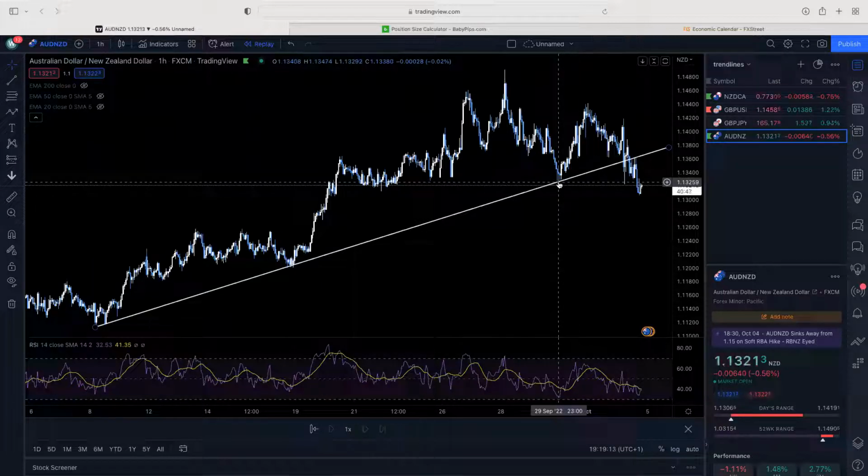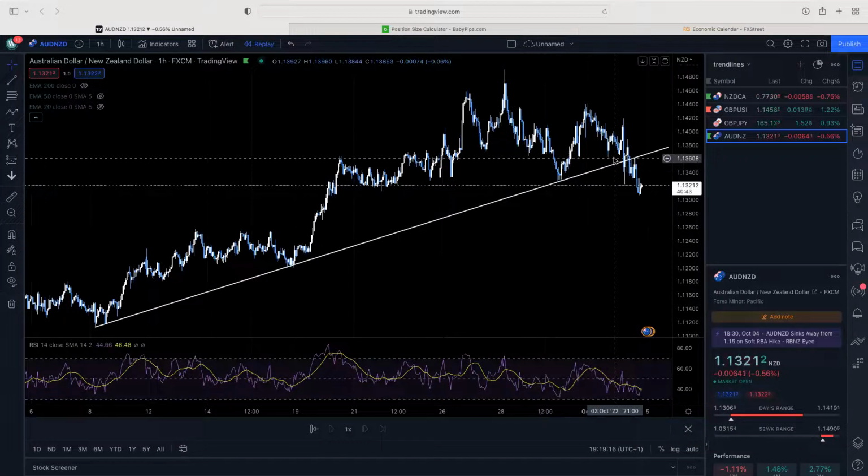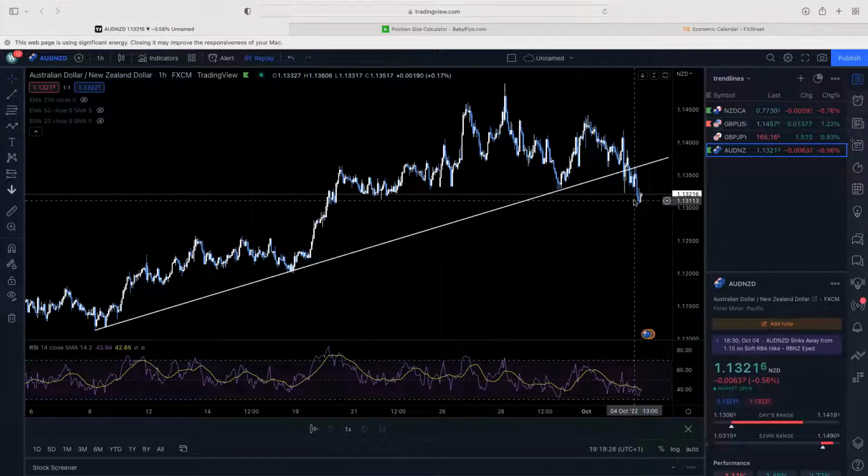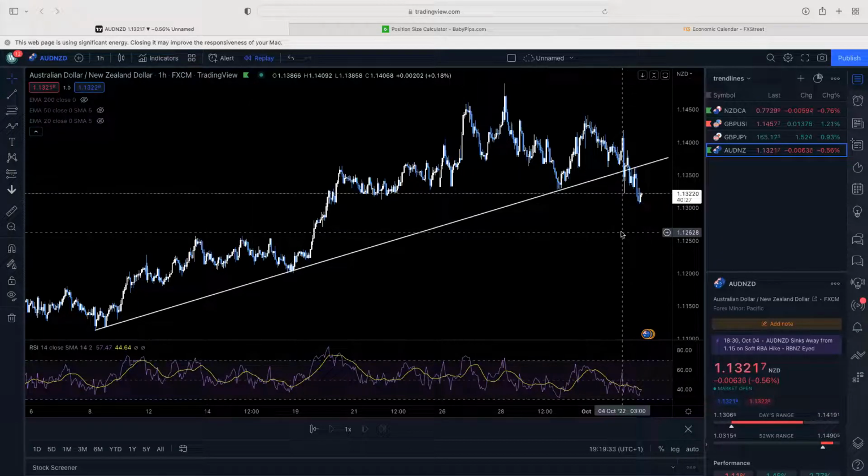It's the 3rd touch that usually hits the nicest. And then any time past the 3rd touch, say 4th, 5th, 6th, you're then getting into that unknown territory of, okay, well, price is probably going to break through this now. But when it comes to NZD pairs, which we covered earlier, it's not uncommon to see 6, 7, 8, 9 touches of a trend line. So again, something to bear in mind.